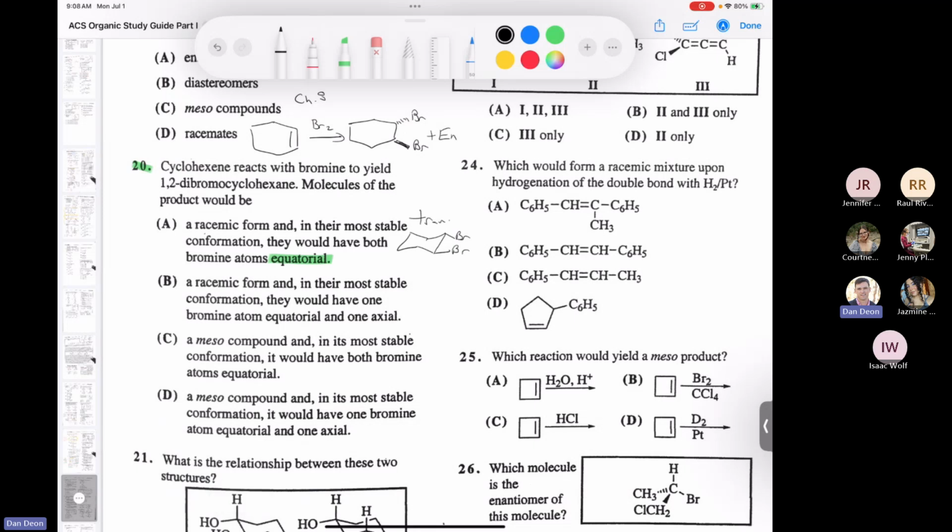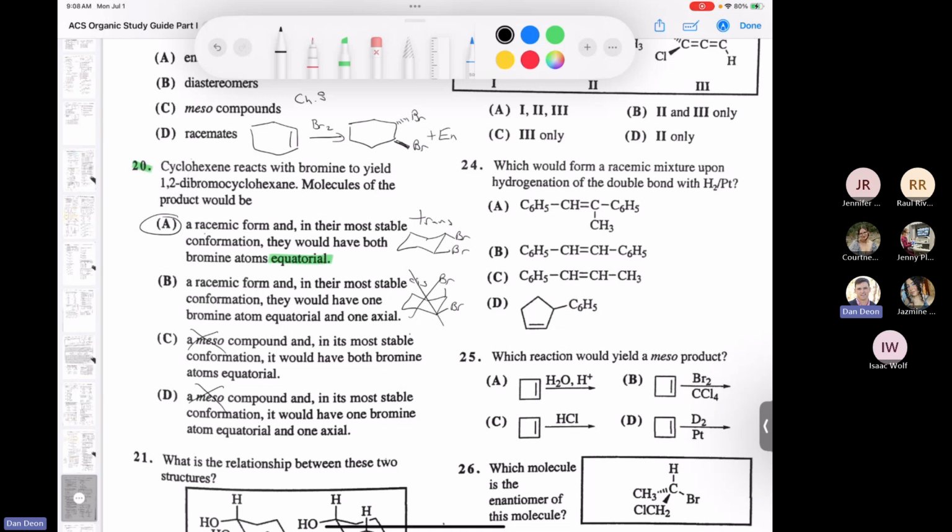So this is actually the correct answer. If you look at the other ones, one equatorial and one axial would mean they're cis, so that is wrong. And it's definitely not a meso compound. So a little bit of process of elimination for that one.